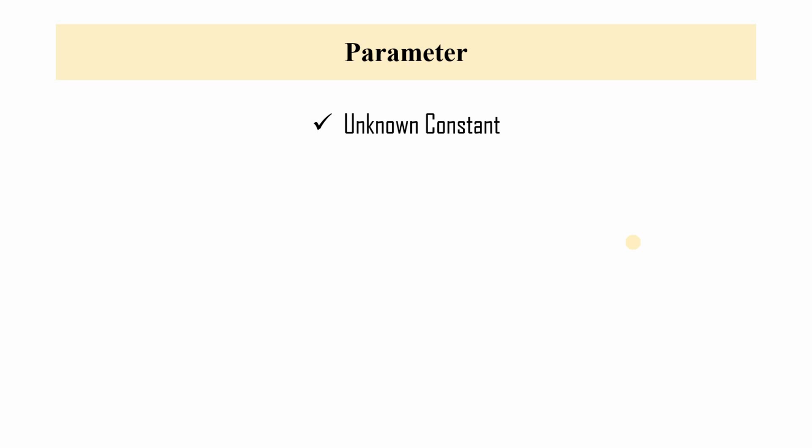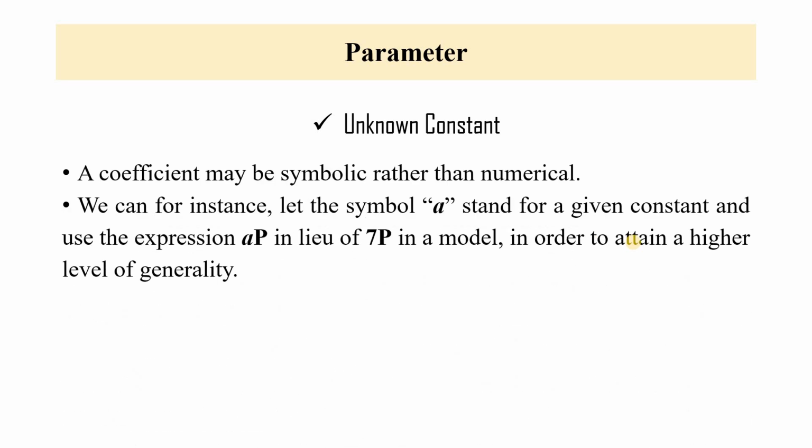We can say, for instance, let the symbol a be in lieu of 7p. In our previous example we stated 7p, but here we state the symbol a in order to attain a higher level of generality, and until we replace a with any numerical value, it will be a parameter, that means the unknown value of that constant. The symbol a is a rather peculiar case.